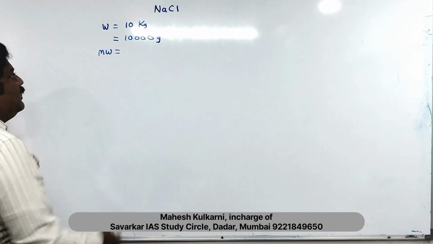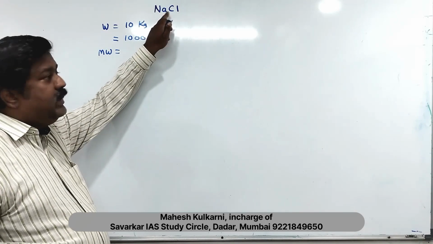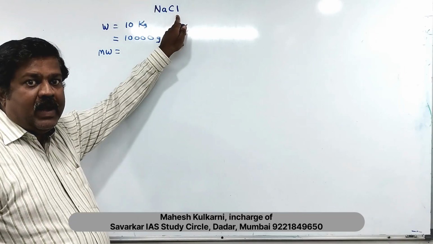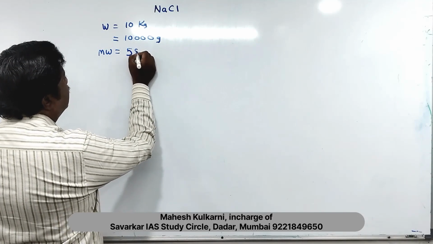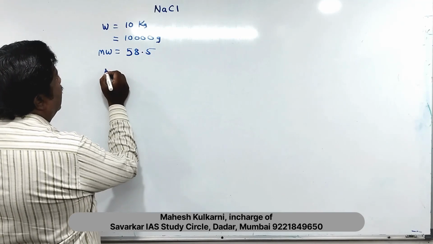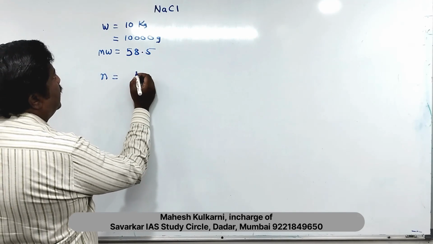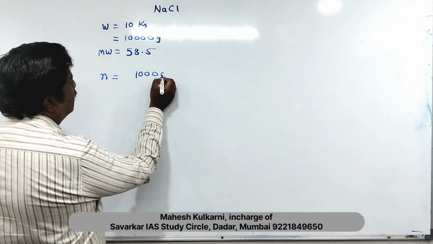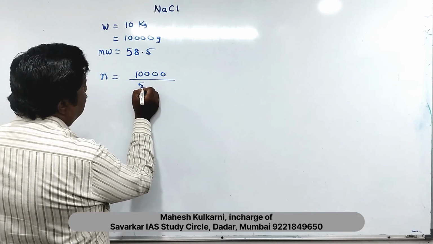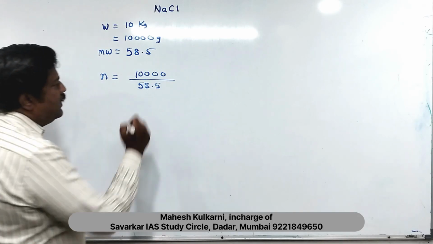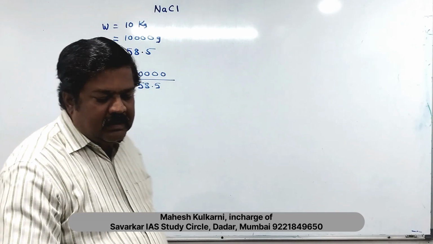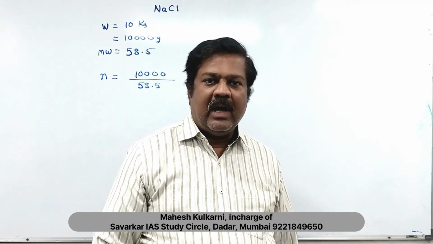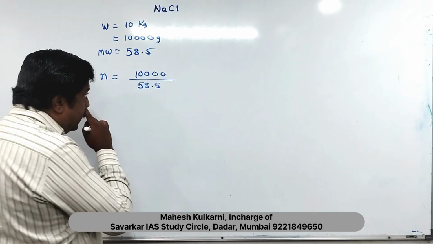MW, now this will be in fraction because 23 and 35.5. So it will be 58.5. So molecular weight 58.5, and then n will be equal to 10,000 divided by 58.5. Apparently, you may say the calculation is difficult. Yeah, a little bit difficult calculations, but we are trying to make it easy.